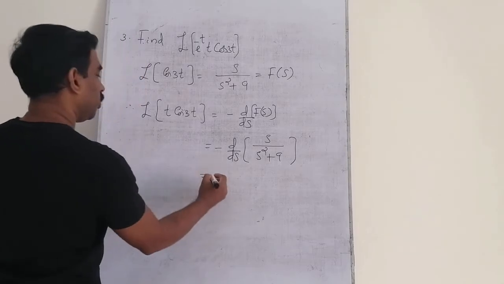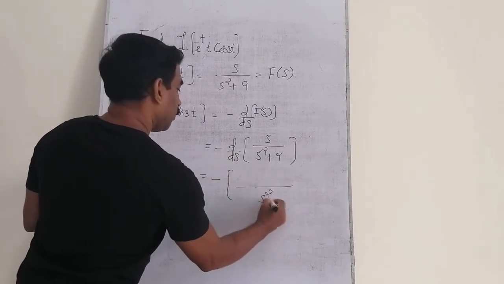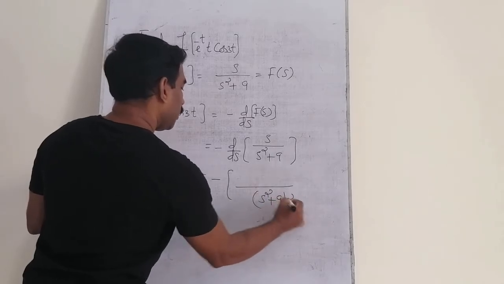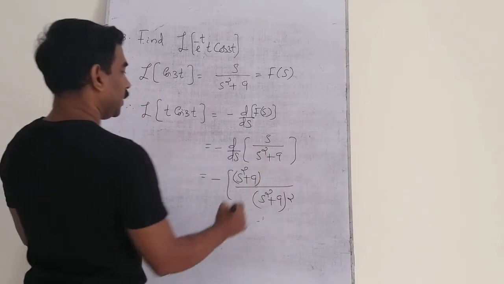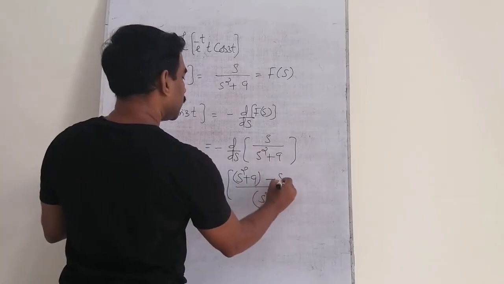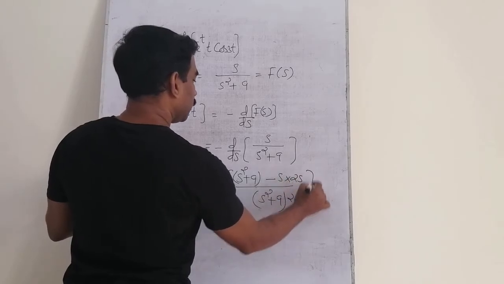Taking the first derivative with respect to s, that is minus of [(s² plus 9) into the derivative of s, that is 1, minus s into the derivative of s² plus 9, that is 2s] upon (s² plus 9) the whole square.